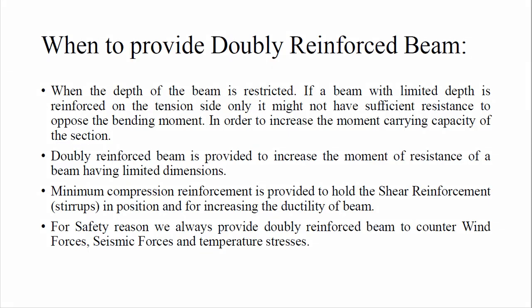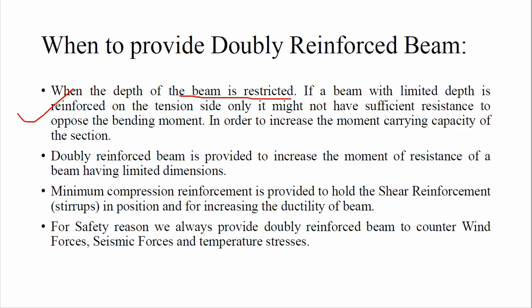So when to provide it? The first reason is that when the depth of the beam is restricted, doubly reinforced beams are provided. What do we mean by the depth of the beam being restricted? For example, let us assume that we have solved a design problem as we have done in the previous chapter, and the depth of beam, that is small d, comes out to be 1500 mm, that is 1.5 meters.